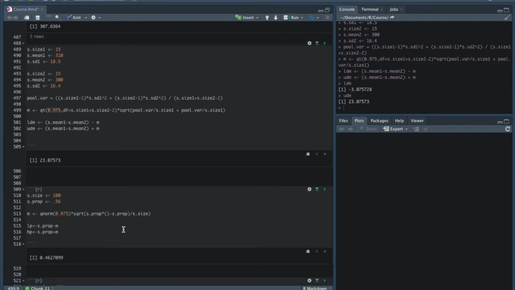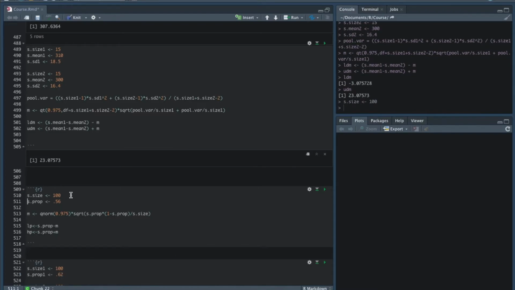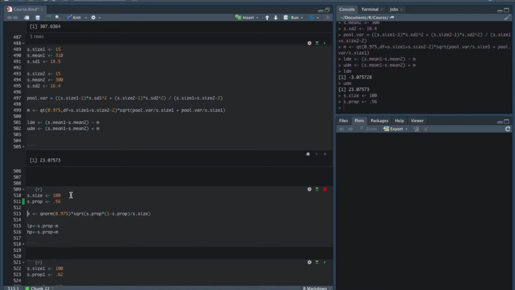Okay, now let us talk about proportion. Just like we had means and difference of means, we can do the same with proportion. Let's say the sample size is 100 and the proportion of a certain thing in that sample is 0.56.